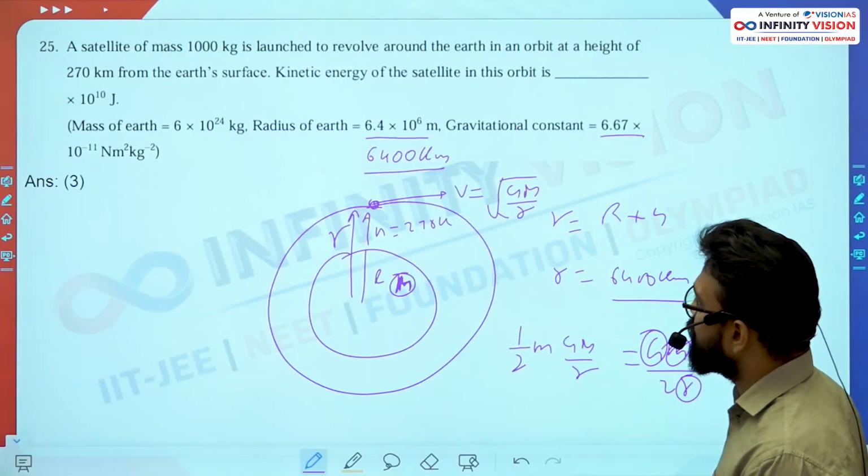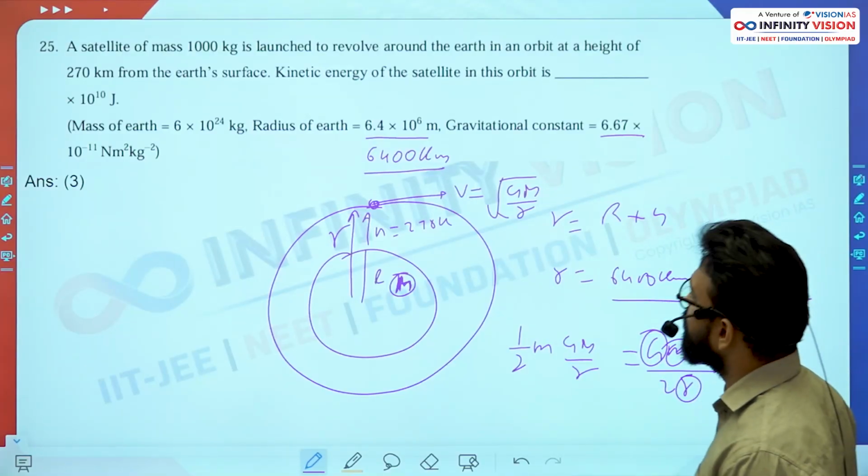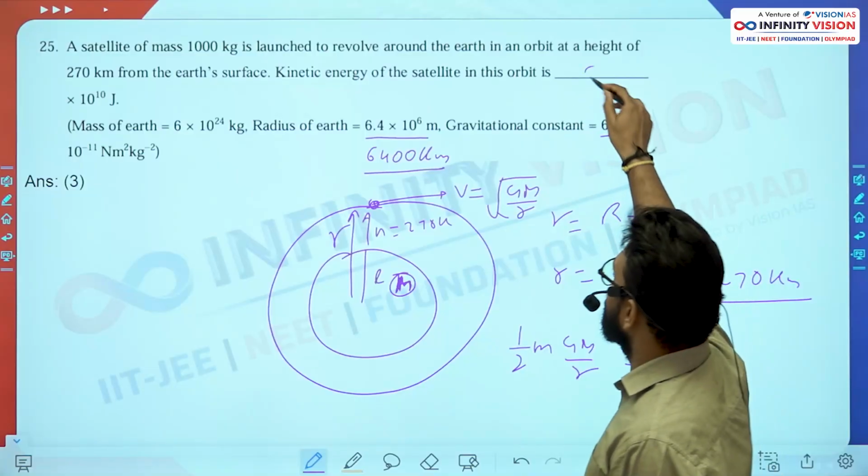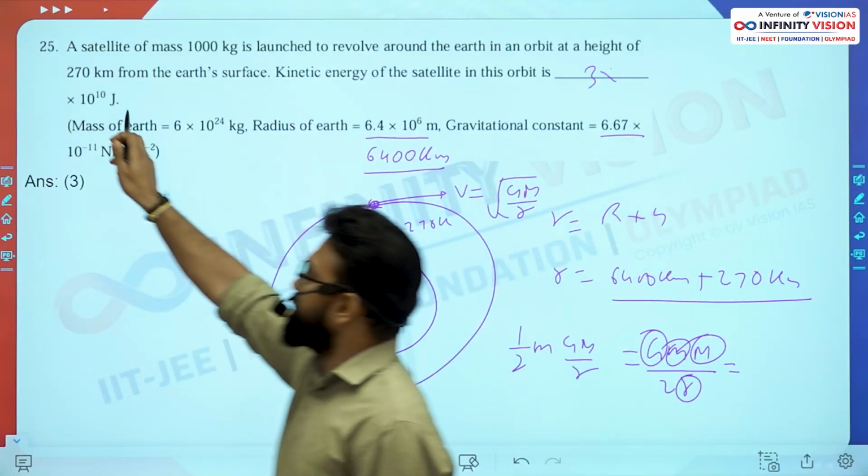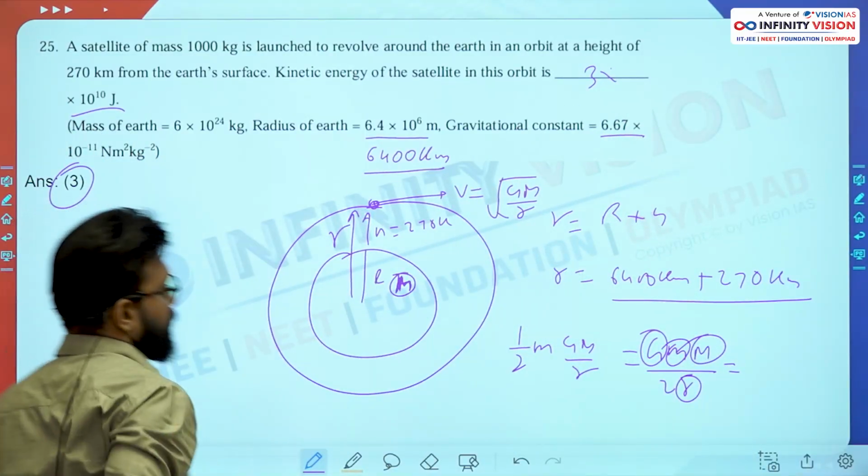Solve it and eventually you will get 3 into 10 raised to power 10. So the answer would be 3.